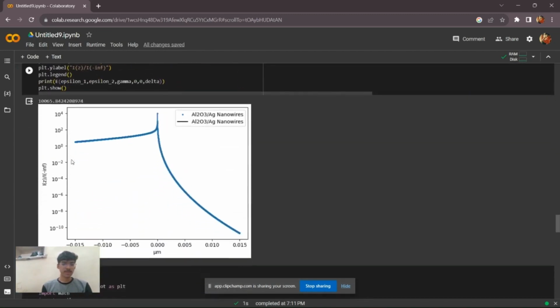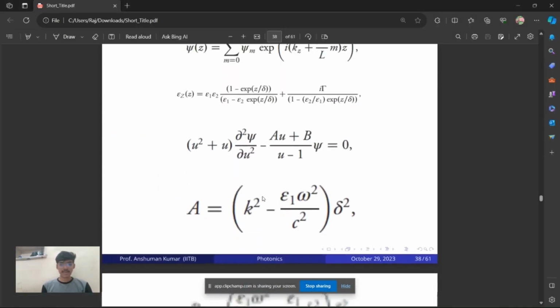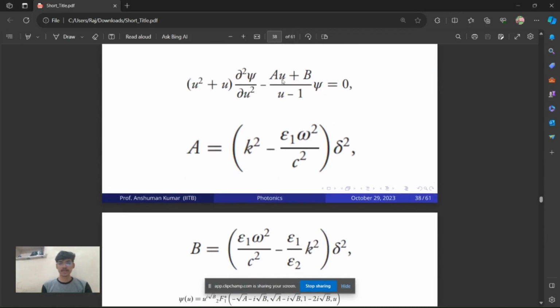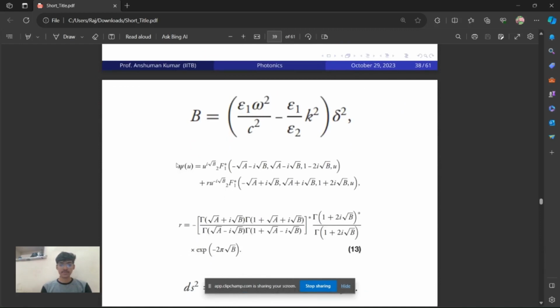So next comes our intensity graph. As discussed by Gopal, when we solve our hypergeometric function, which is this equation, where a represents this and b represents this, and u is e to the power z by delta, the solution for the geometric function comes out to be this expression. Here psi of u is a displacement vector, and when we divide our psi of u by epsilon z, it gives us the electric field.